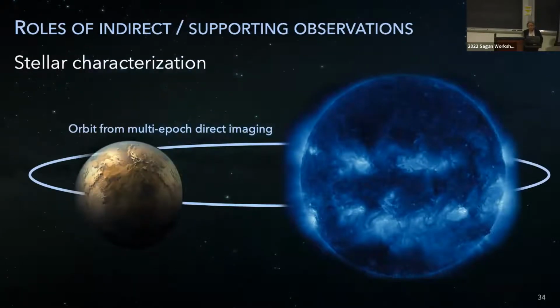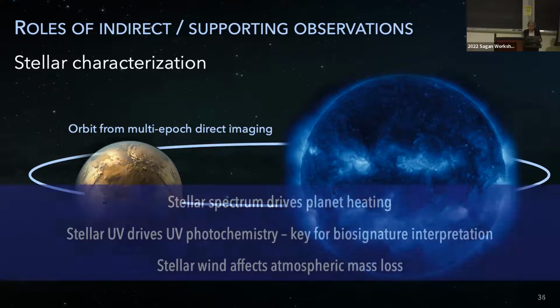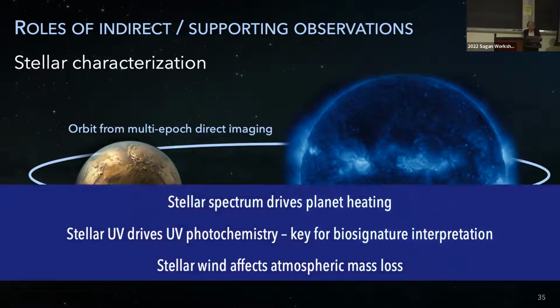Okay, so I'm just gonna work through a few rows of the strategy pyramid that involve indirect observations. First of all, we obviously need the planet's orbit to know if it's in the habitable zone at all and to understand the impact of the star. And that can be readily obtained by directly observing the planet over multiple epochs. But then once we have the orbit and we get the stellar spectrum, we can calculate the key input to the planet's heat balance.